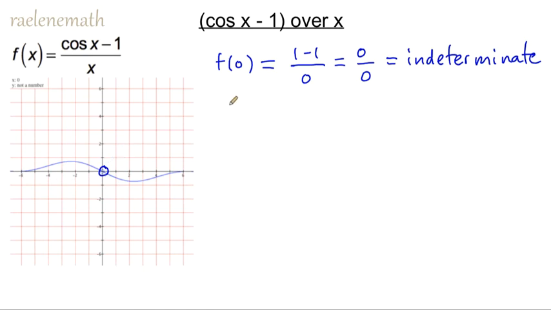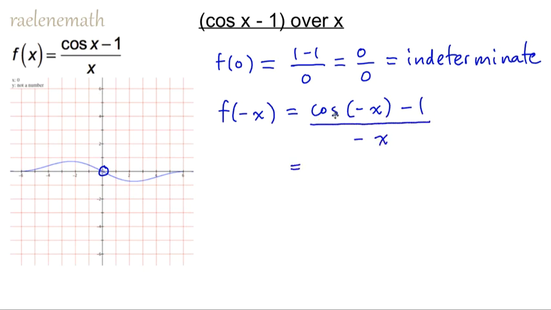Okay, in this case the function f of x has odd symmetry, and if we replace x with negative x, we're performing a horizontal reflection here. We see that the numerator, cosine of negative x, is the same as cosine of x because cosine's symmetry is even. And so the numerator of the horizontally reflected graph, when we replace x with negative x, is the same as the original numerator, but the denominator is the negative of it.